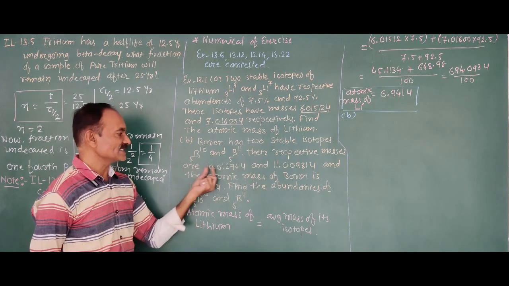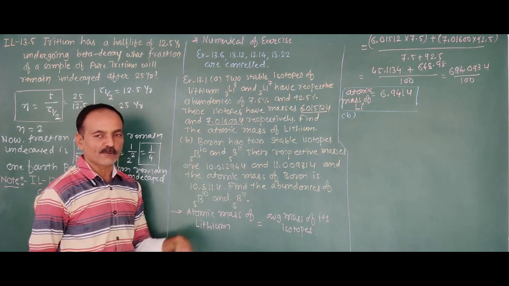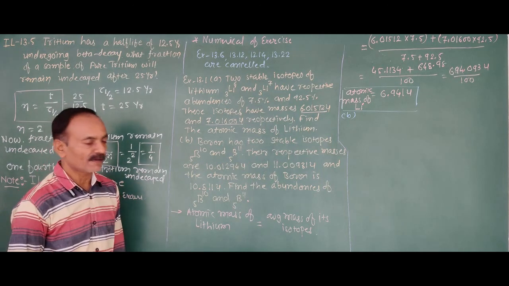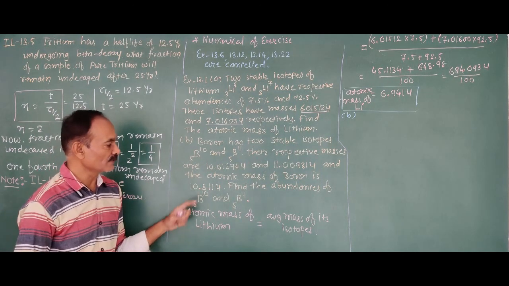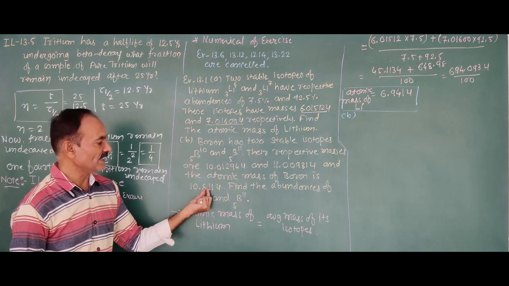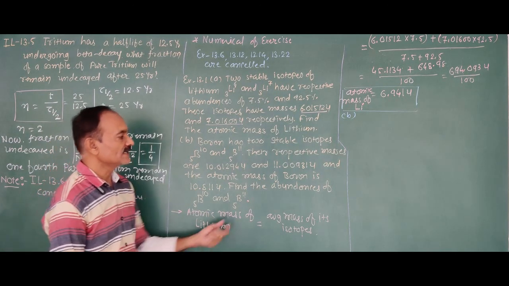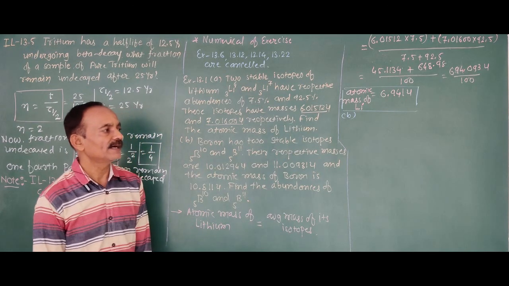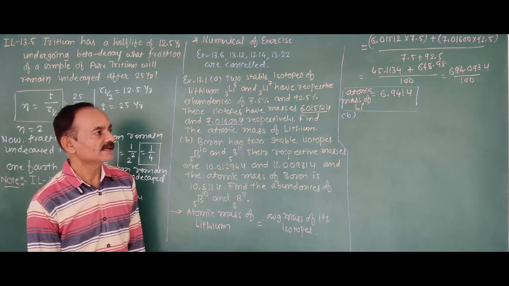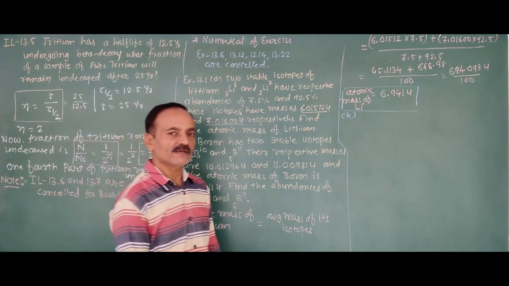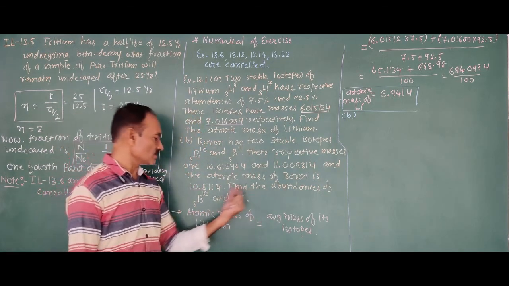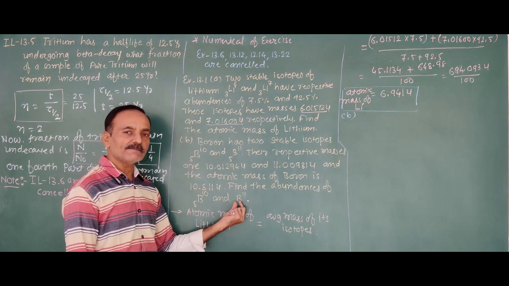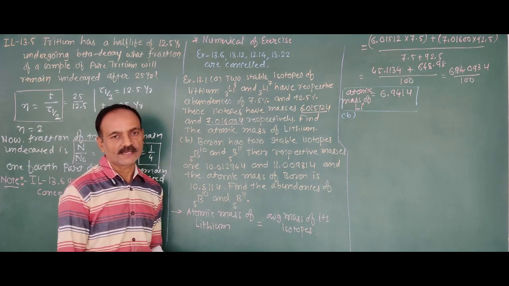Their respective masses are 10.01294 atomic mass unit and 11.00931 atomic mass unit, and the atomic mass of boron is 10.811 atomic mass unit. Find the abundances of boron-10 and boron-11. Clear? For that purpose, we need to assume that the abundance of boron-10 is x percentage and the remaining percentage is of boron-11.